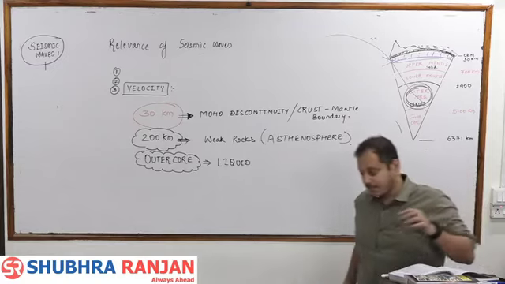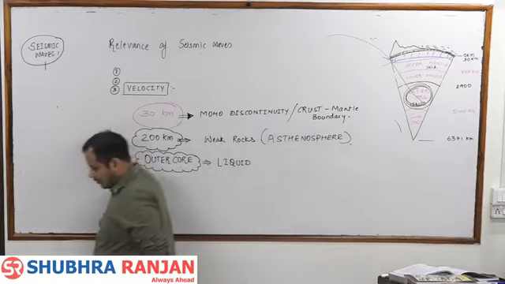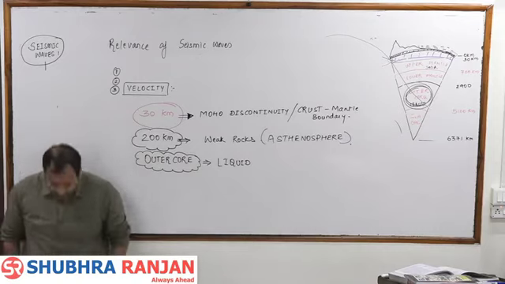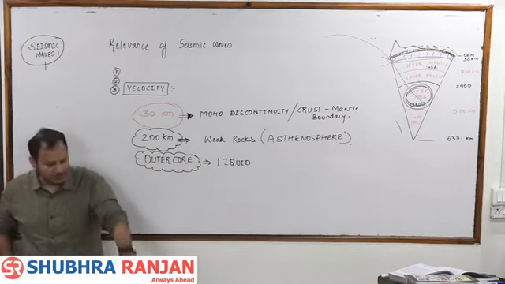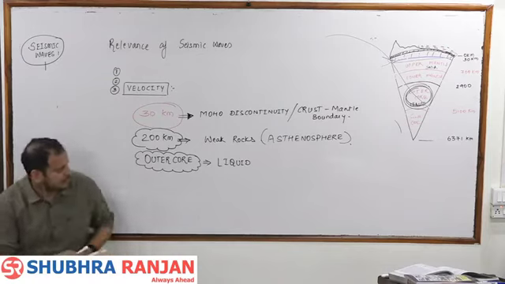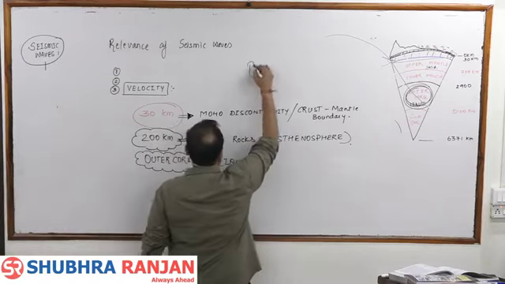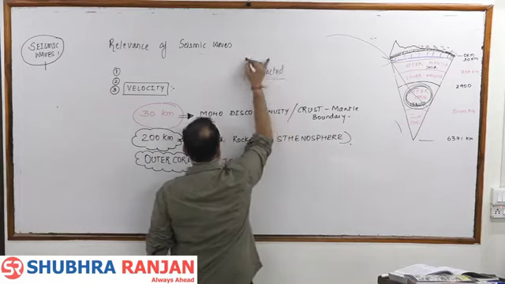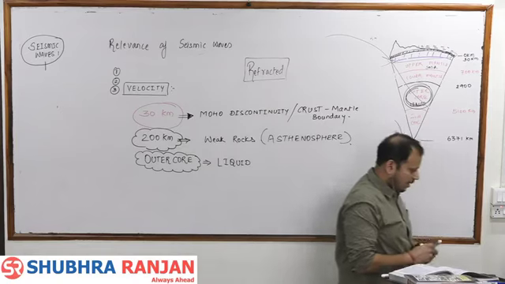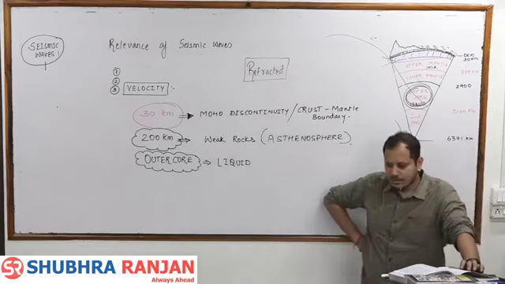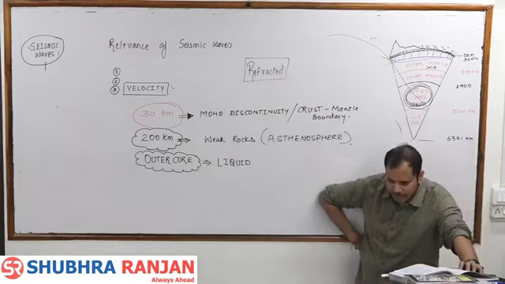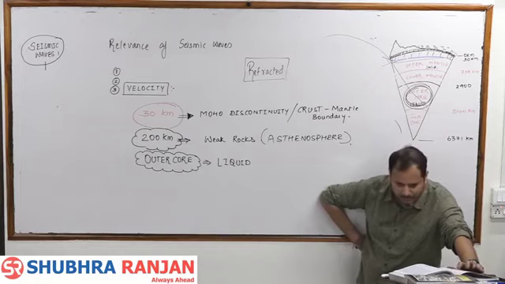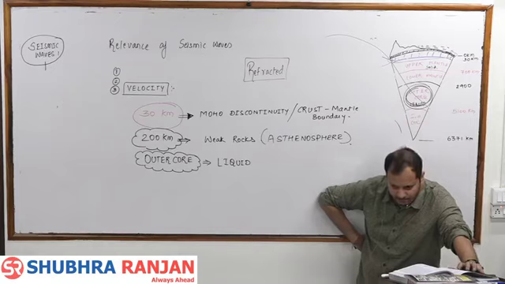As the waves follow a curved path, or as the waves are refracted, we can conclude that the Earth is made up of materials of different densities.